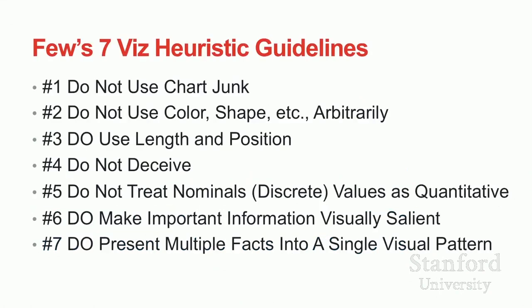And so here are some heuristic guidelines for visualization from a report by Stephen Few, like do not use chart junk, do not use color, shape, and so on arbitrarily, do use length and position properly to show quantitative variable values, do not deceive, et cetera, et cetera.